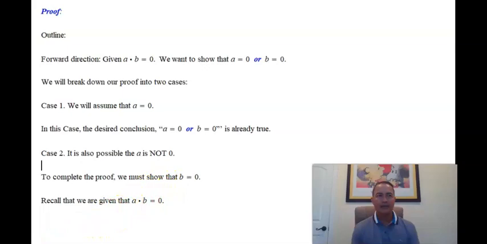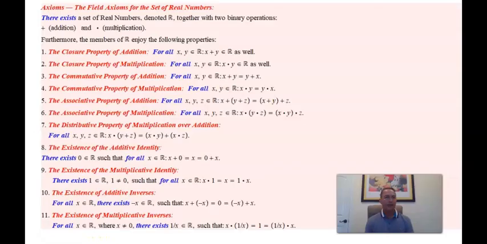Let's bring those axioms back. Aha, here they are again. And of course, it's the last axiom. For all real numbers x, where x is not 0, there exists a reciprocal 1 over x, so that when you multiply x by 1 over x, you will just get 1.